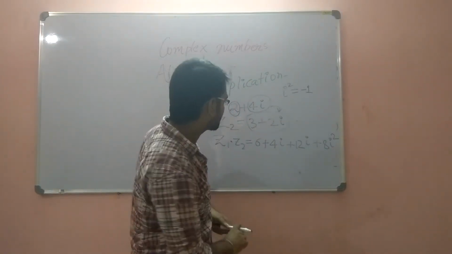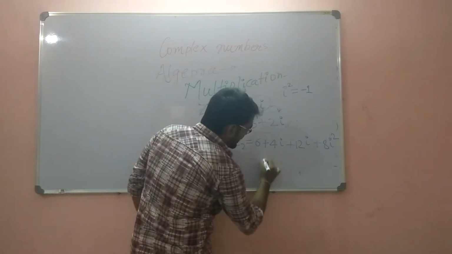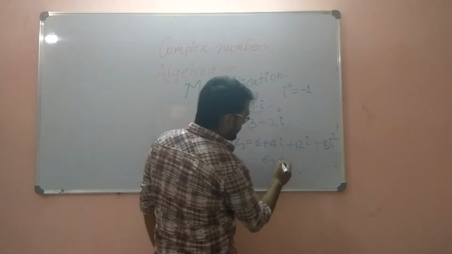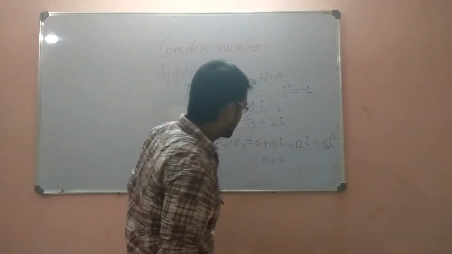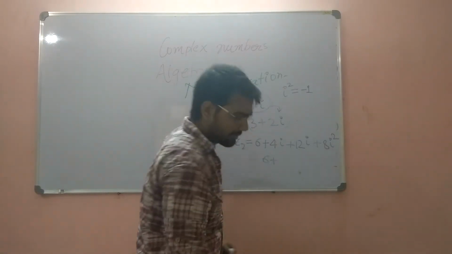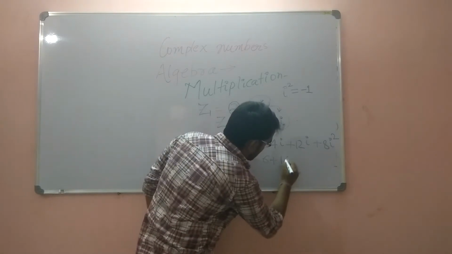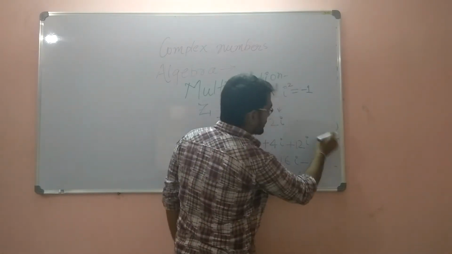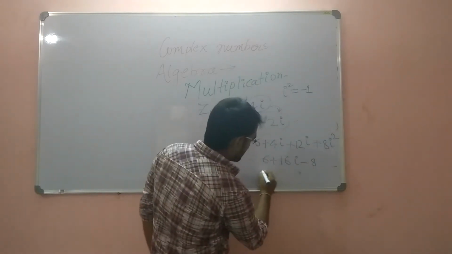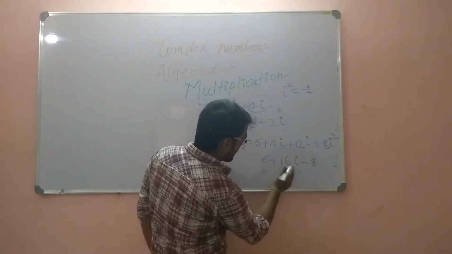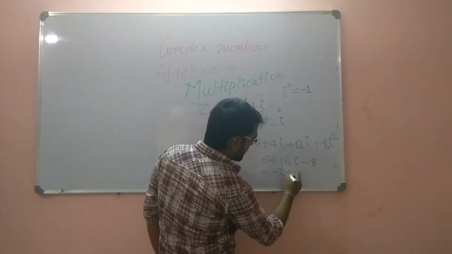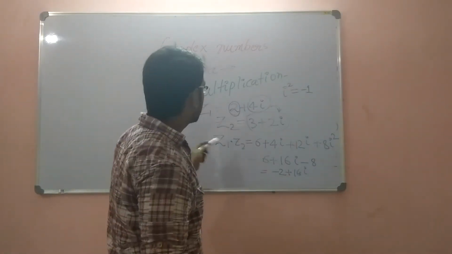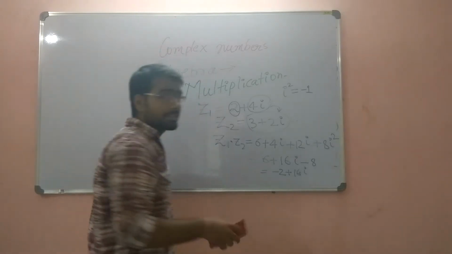Now it will be 6 plus 4, and 12, sorry, 16 iota, and that is minus 8, because iota square equals minus 1. So it will be minus 2 plus 16 iota. So this was the multiplication. Now we will see the division.